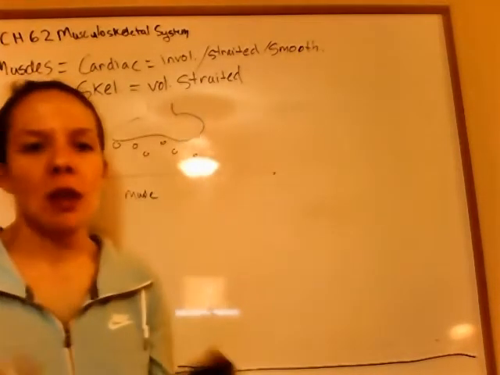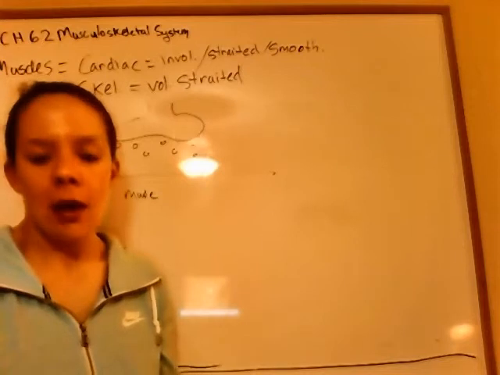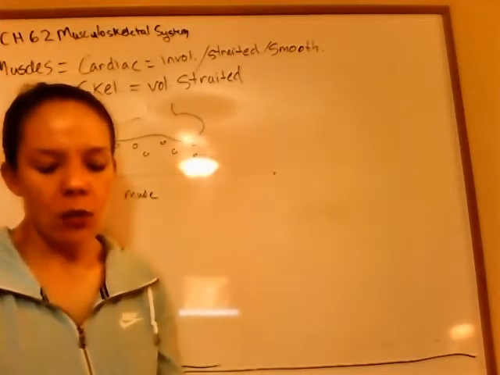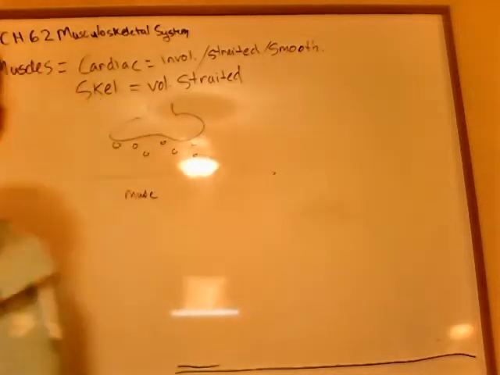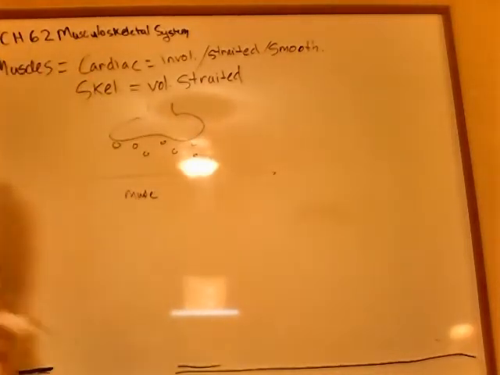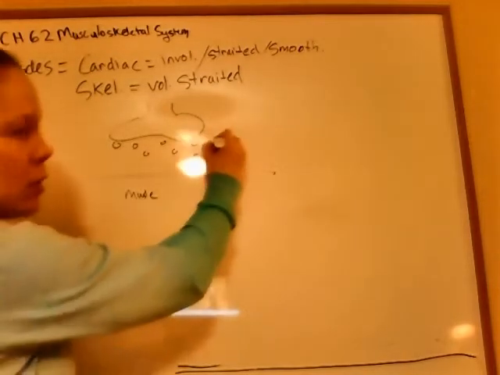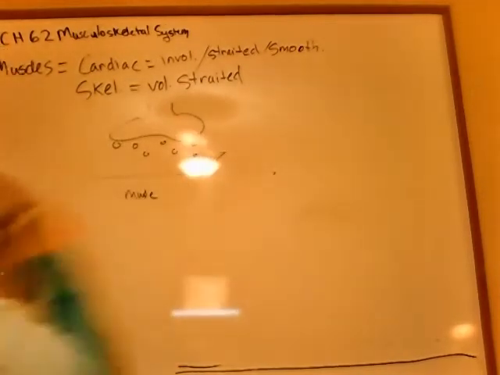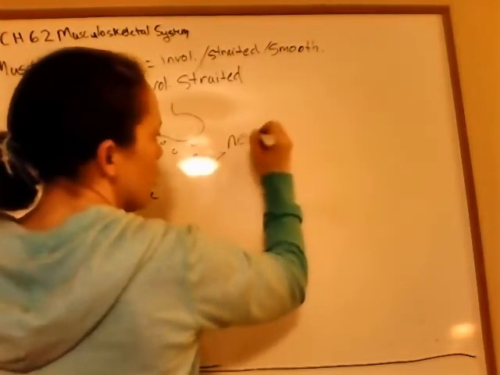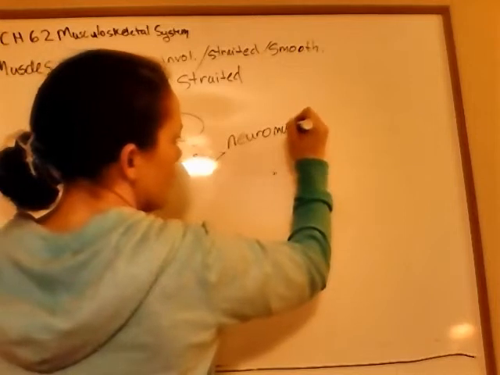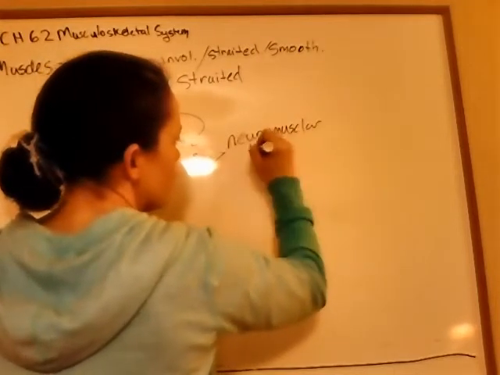Now, you can have a nerve that controls many muscles, so you can call on more than just one. But anyways, the motor end plate is where the nerve meets the muscle. The neuromuscular junction is between the axon of the nerve and the adjacent muscle cell. So this is your neuromuscular junction.